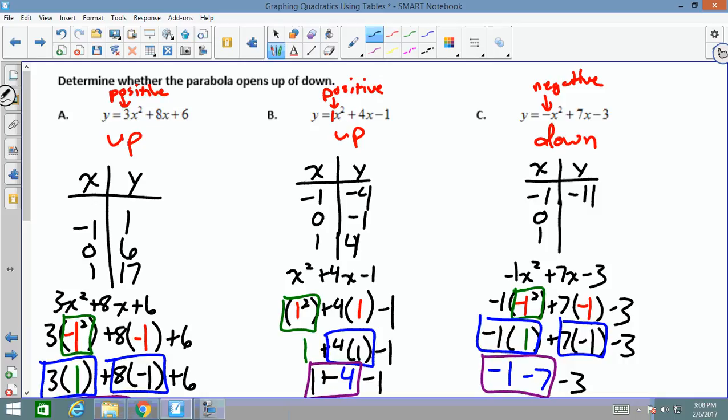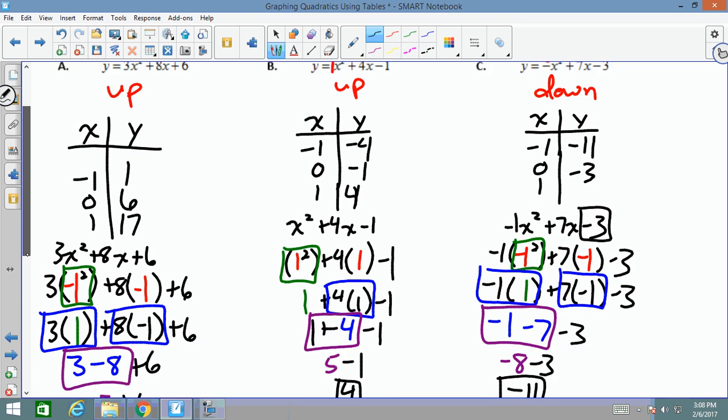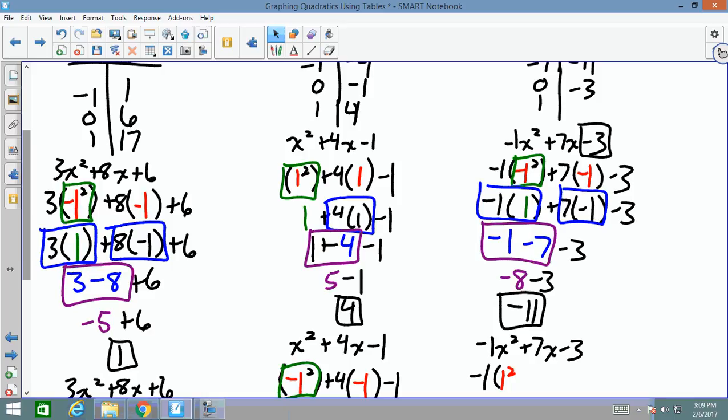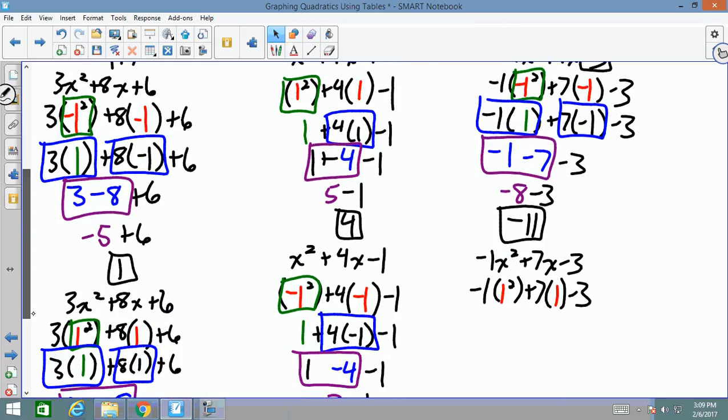Again, for 0, it's always this last number back here, which is negative 3 in this case. So something simple for those. And then the last one is negative 1x squared, plus 7x, minus 3. This time x is going to be 1, so it's negative 1 times 1 squared plus 7 times 1 minus 3. Okay, exponents first.